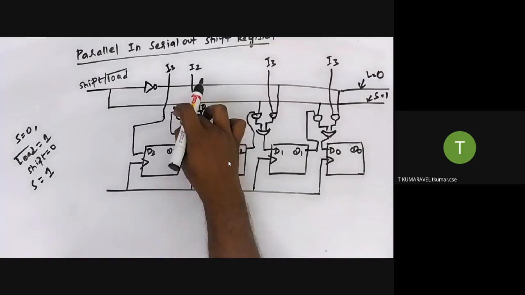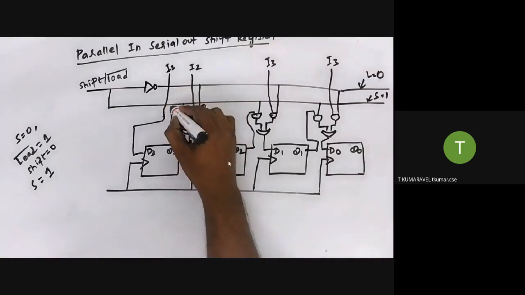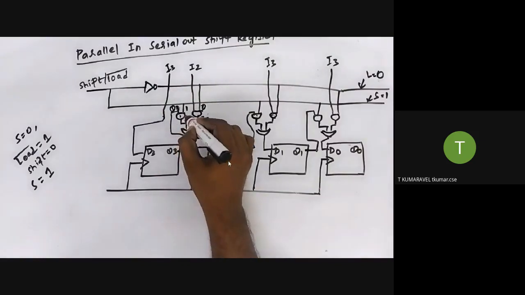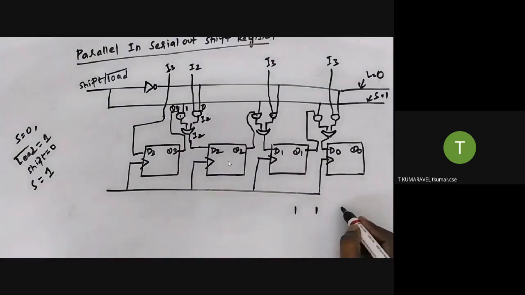Q3, what is the functionality of the AND gate? Already we have seen, if both the inputs are 1, then only it is going to generate the output 1. If any one of the inputs is 1 and the rest of the input is 0, the output depends on the second input combination.